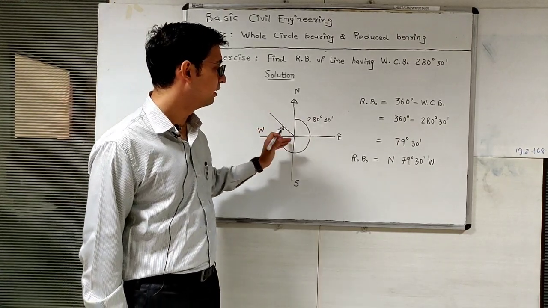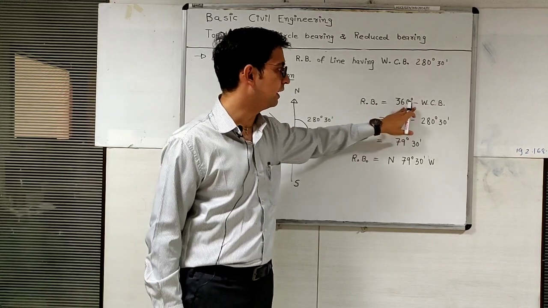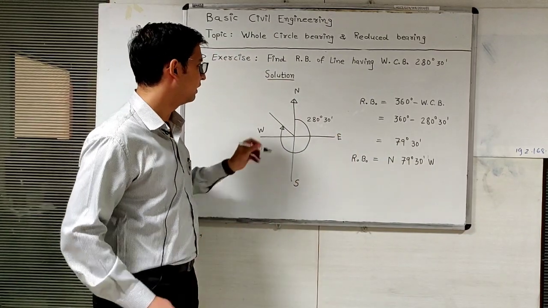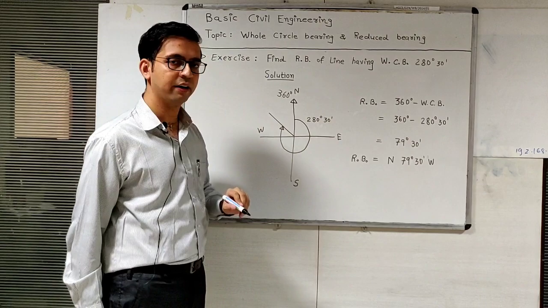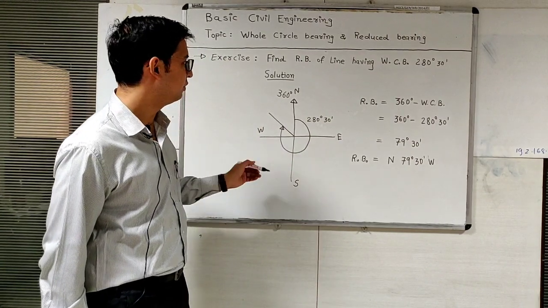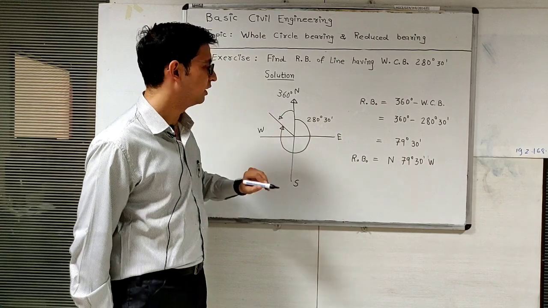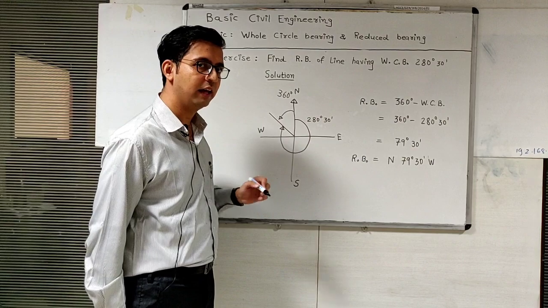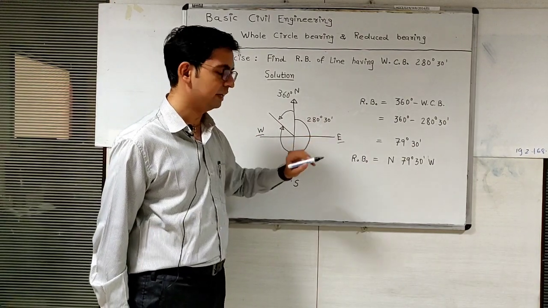To convert this into reduced bearing, the equation is 360 degree minus whole circle bearing. Why? Because this is the 360 degree of this quadrant, and reduced bearing is measured with respect to north pole and south pole in clockwise or anti-clockwise direction towards west or east.